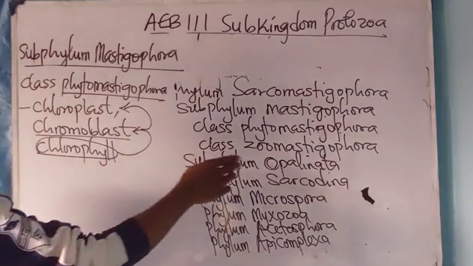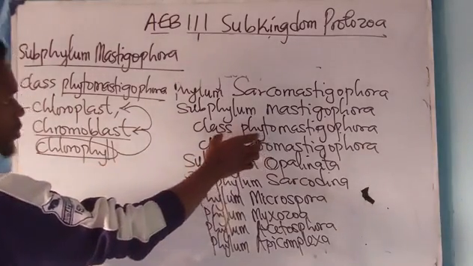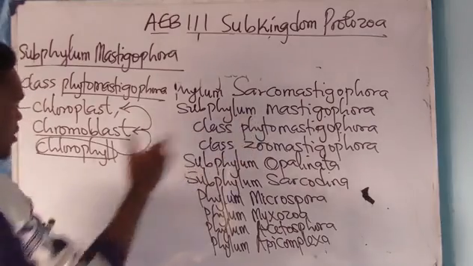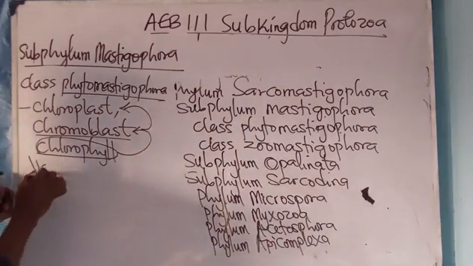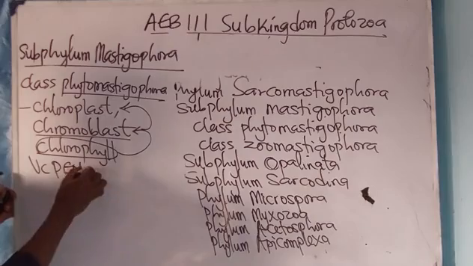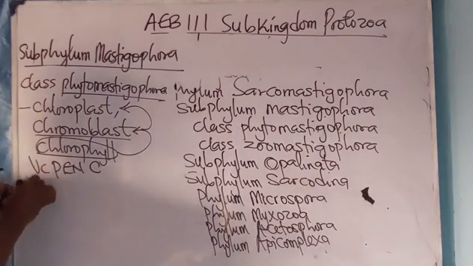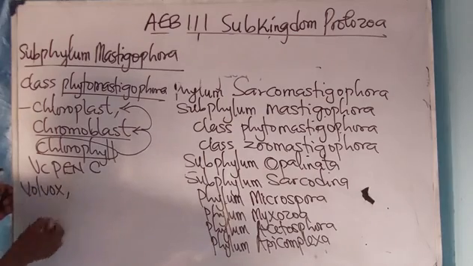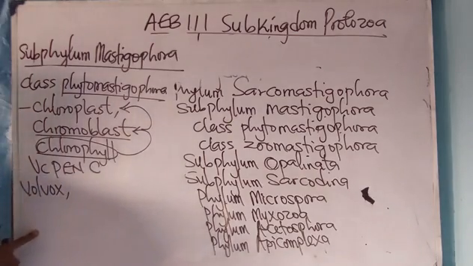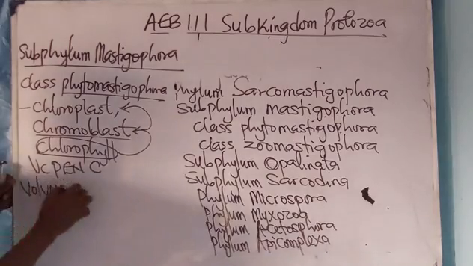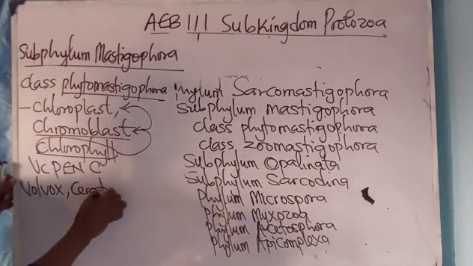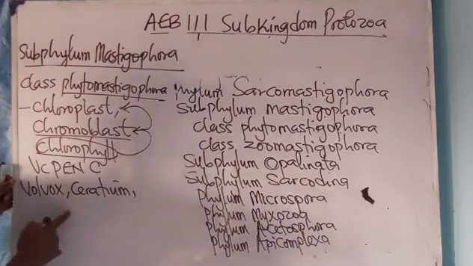Good examples of organisms in this class are, you can say, VC-PEN-C. V stands for Volvox. You know, Volvox is a colonial organism. C stands for Ceratium.